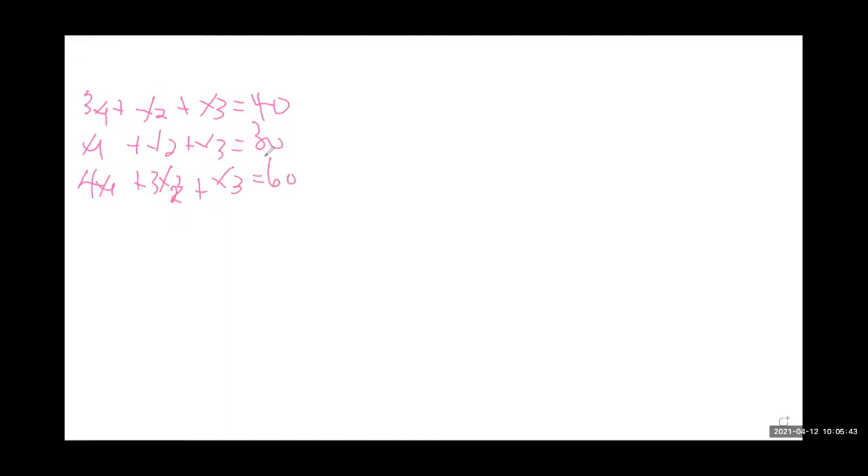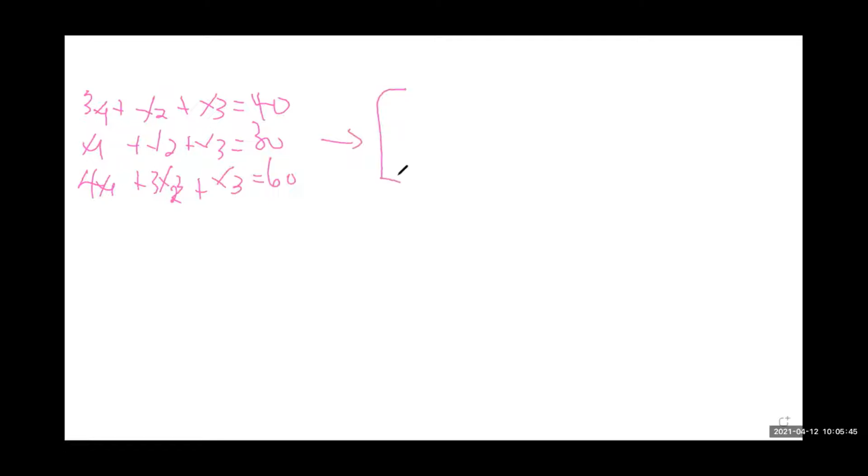So we have, as I said from the problem, 3x1 plus x2 plus x3 equals 40. x1 plus x2 plus x3 equals 30. And I have 4x1 plus 3x2 plus x3 equals 60.